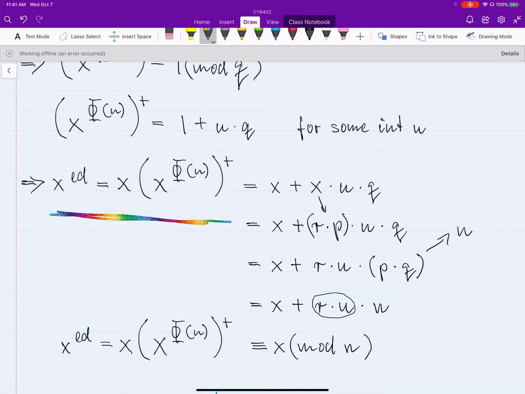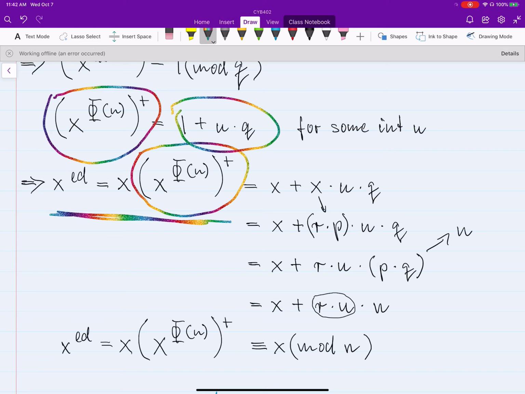So in other words, the expression that we have here, we multiply by x. So which means that we multiply this expression by x, which is equal to this expression. So this expression, we multiply by x and get this.